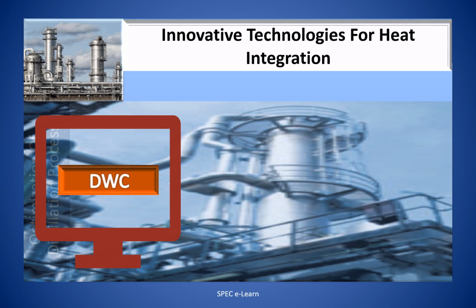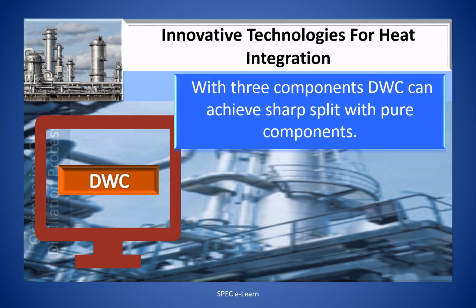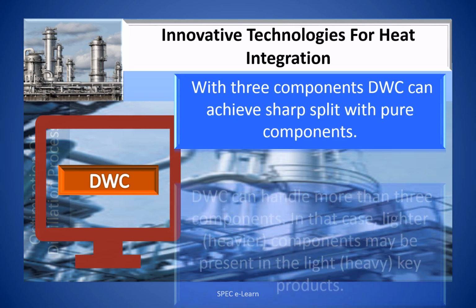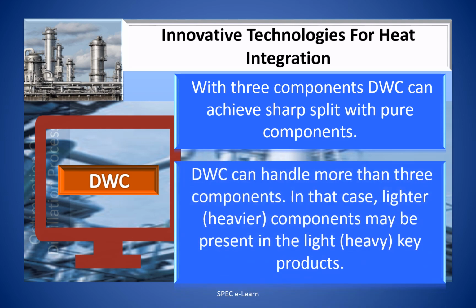With three components, DWC can achieve sharp split with pure components. DWC can handle more than three components also. In that case, lighter components may be present in the light key products.